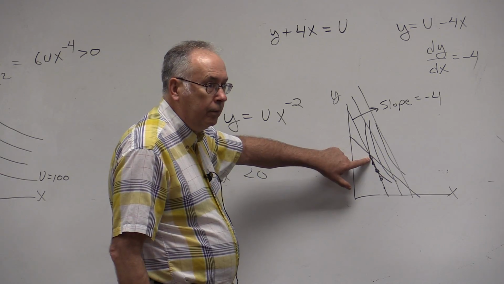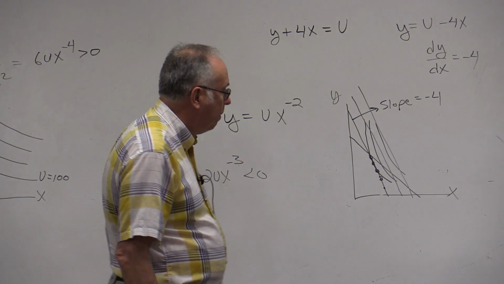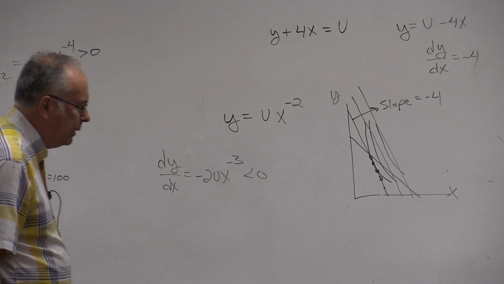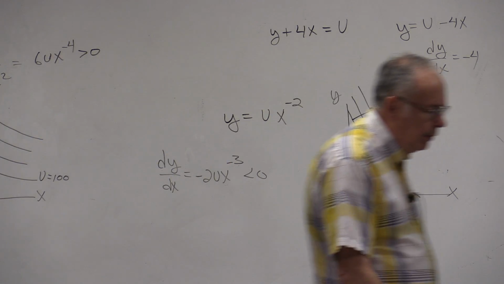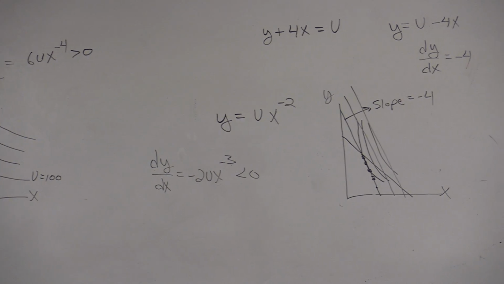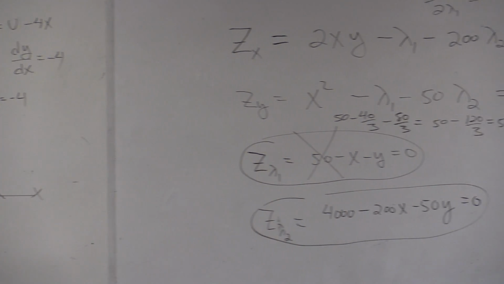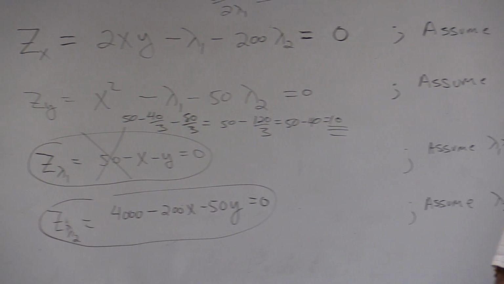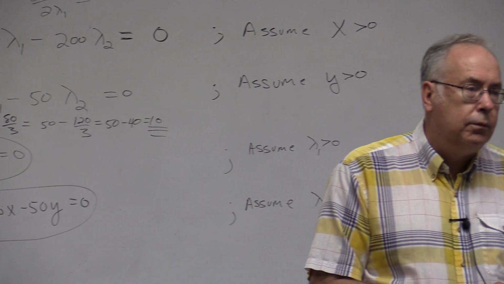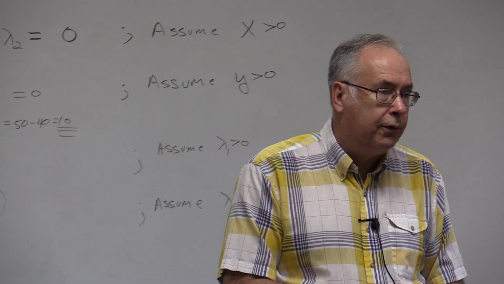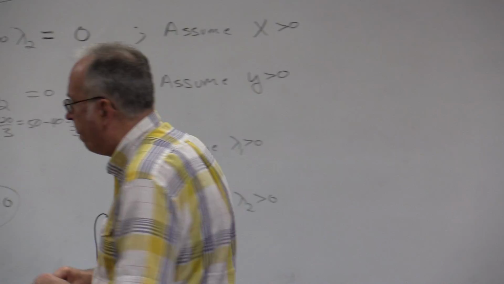In other words, it would be a peculiar case, but 4 coffees would be equivalent to 1 donut. So they would be perfect substitutes for each other.